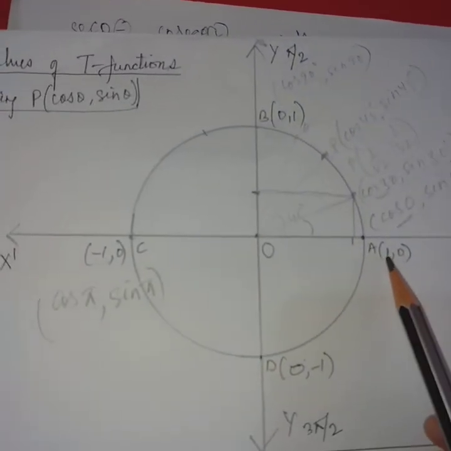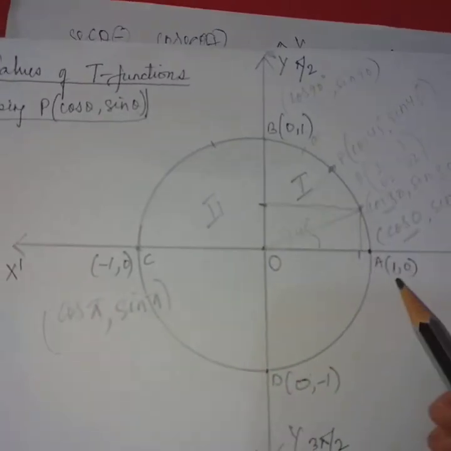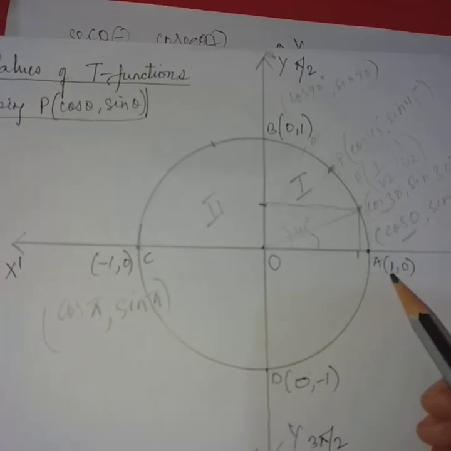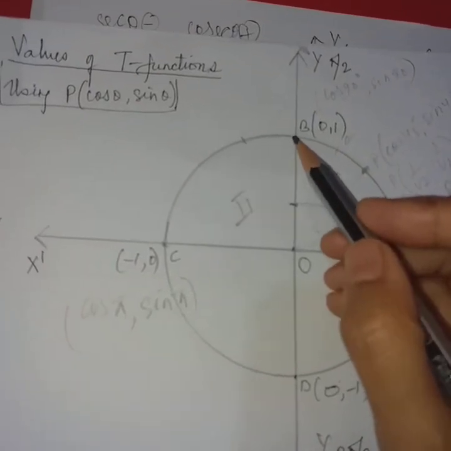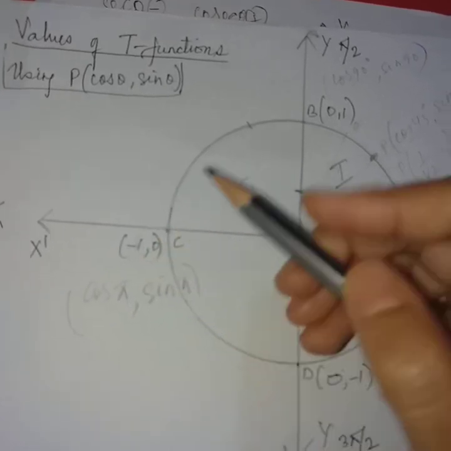So this was the first quadrant to the second quadrant. As we move from the first quadrant, at 0 degrees the value of cos is 1, the value keeps on decreasing, becomes 0, and keeps on decreasing again and becomes minus 1.